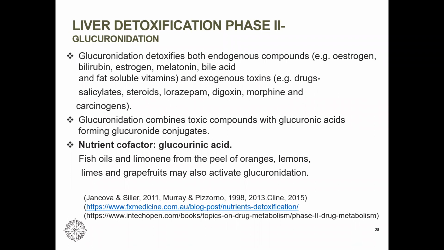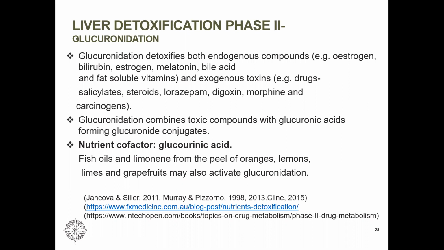Then is the glucuronidation pathway. Now, this is a compound called glucuronic acid. It binds to steroids, salicylate, carcinogen, bilirubin, excess estrogen. Sorry, I've written estrogen twice and both with different spelling. My mistake.